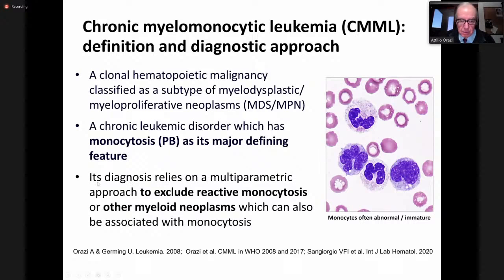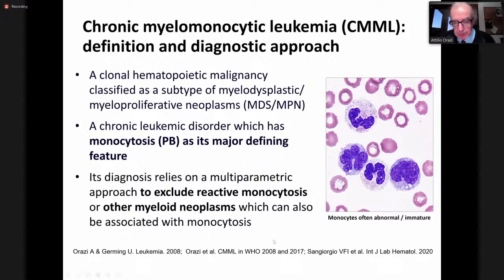But the most important is this part here at the bottom. Its diagnosis relies on a multi-parametric approach. So in spite of all the advances we had in molecular genetics and so on, we still need a multi-parametric approach for this diagnosis. Why? Because first of all, we have to exclude reactive monocytosis.